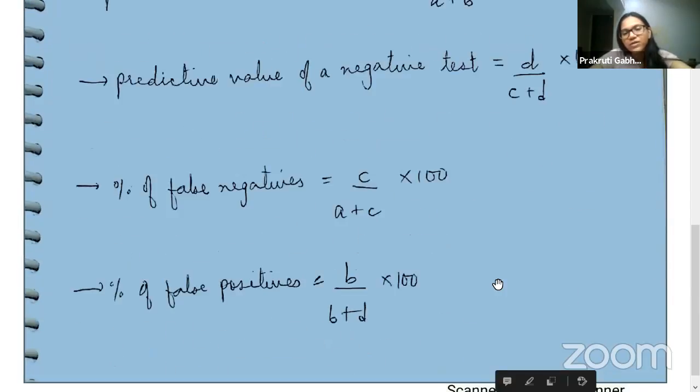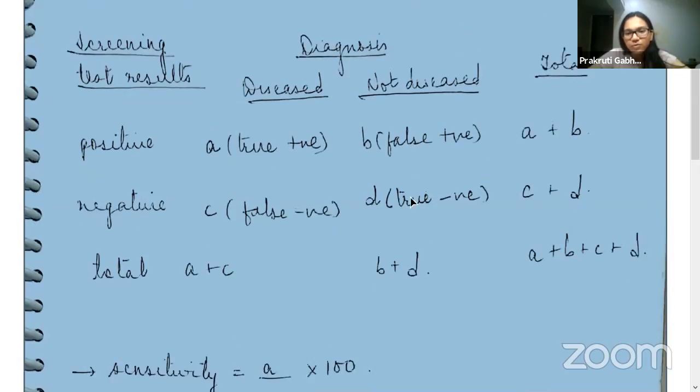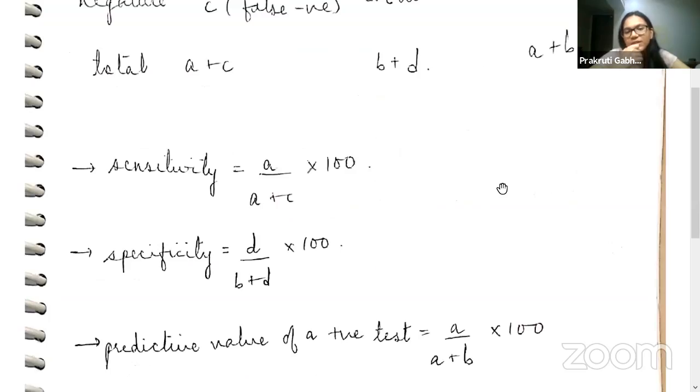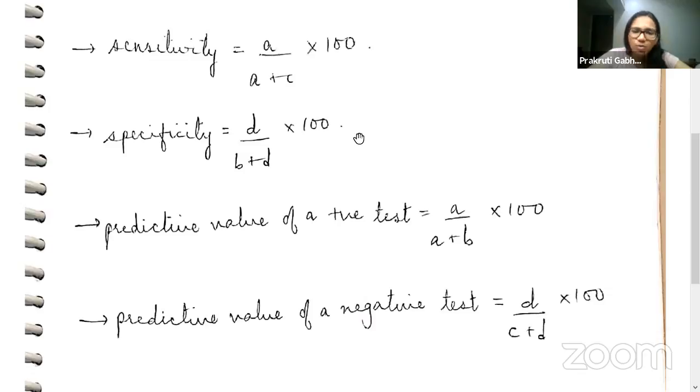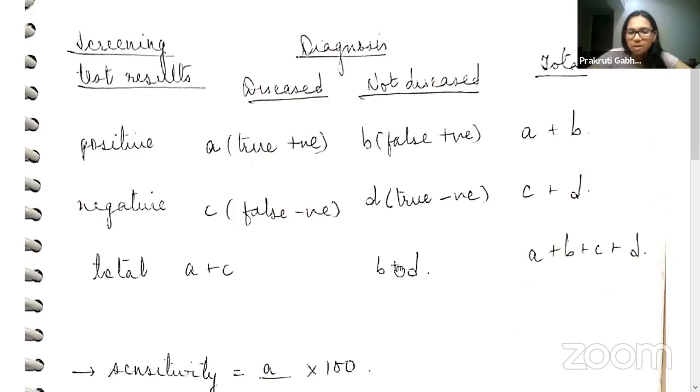Here you take the false positives and false negatives and divide them by the total number of diseased or not diseased. So false negative would be C upon A plus C, and false positive would be B upon B plus D.